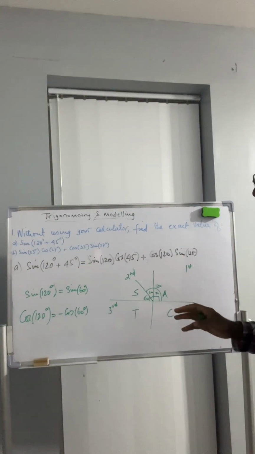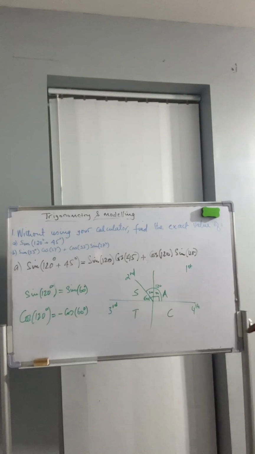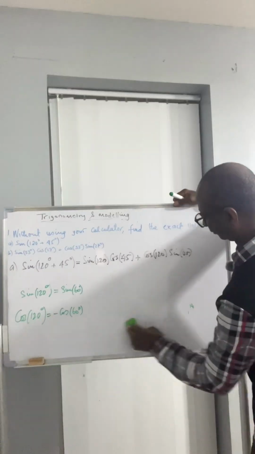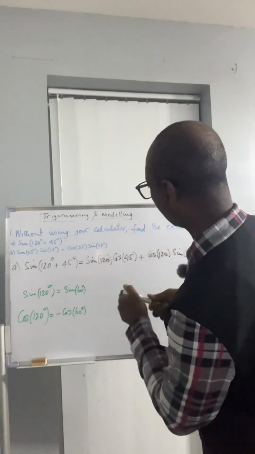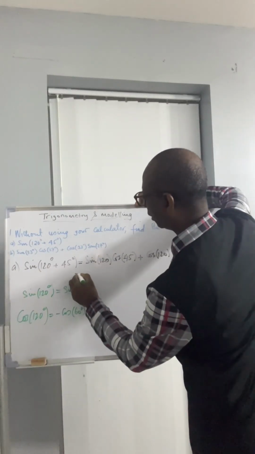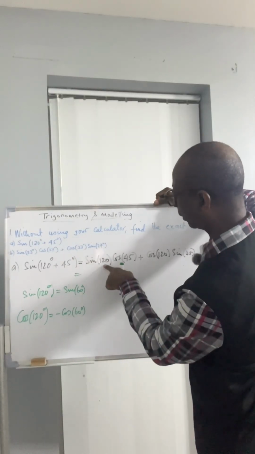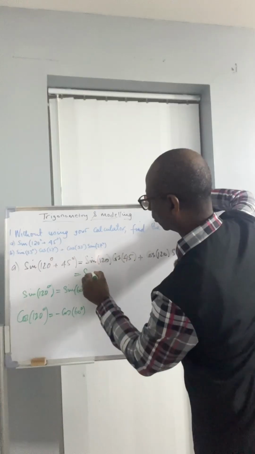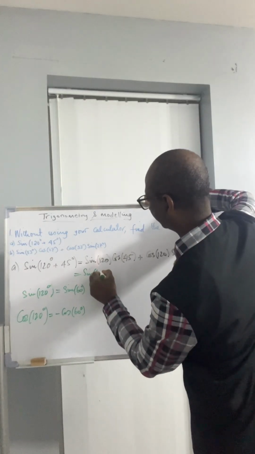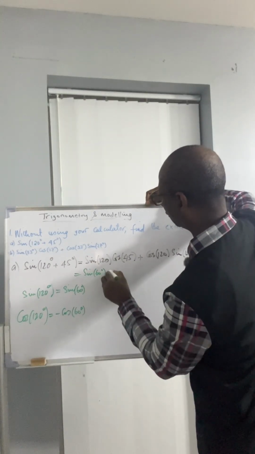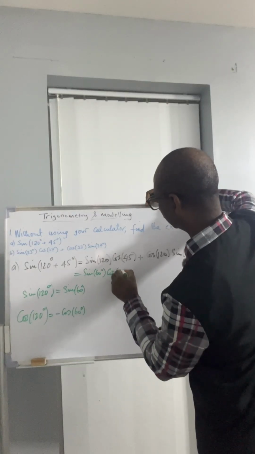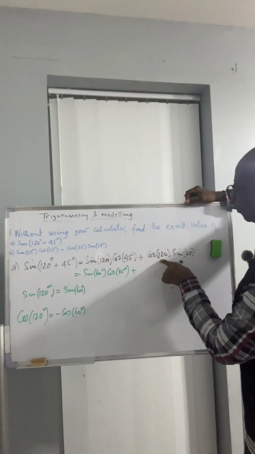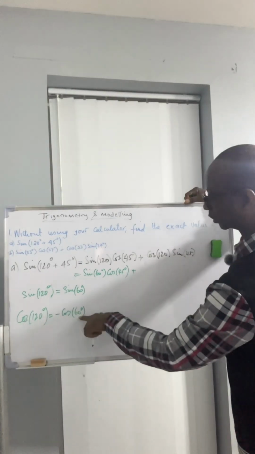So this is all we need from these quadrants to find our appropriate sines. So what we have now is equal to sine 120, but sine 120 is sine 60, sine of 60 degrees, the cosine of 45 degrees, plus the cosine of 120, but cos 120 is minus cos 60.